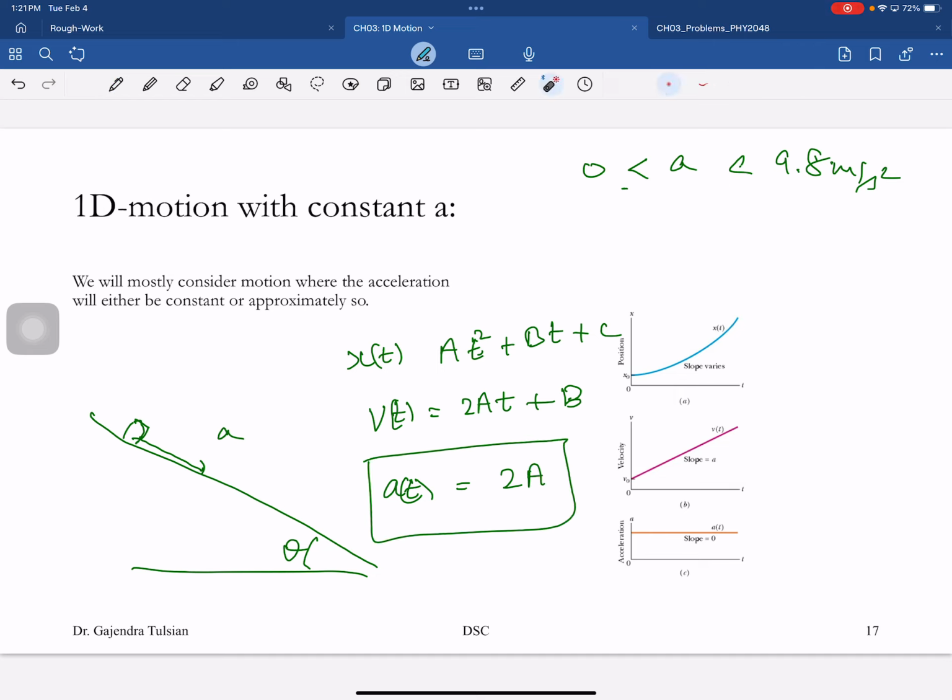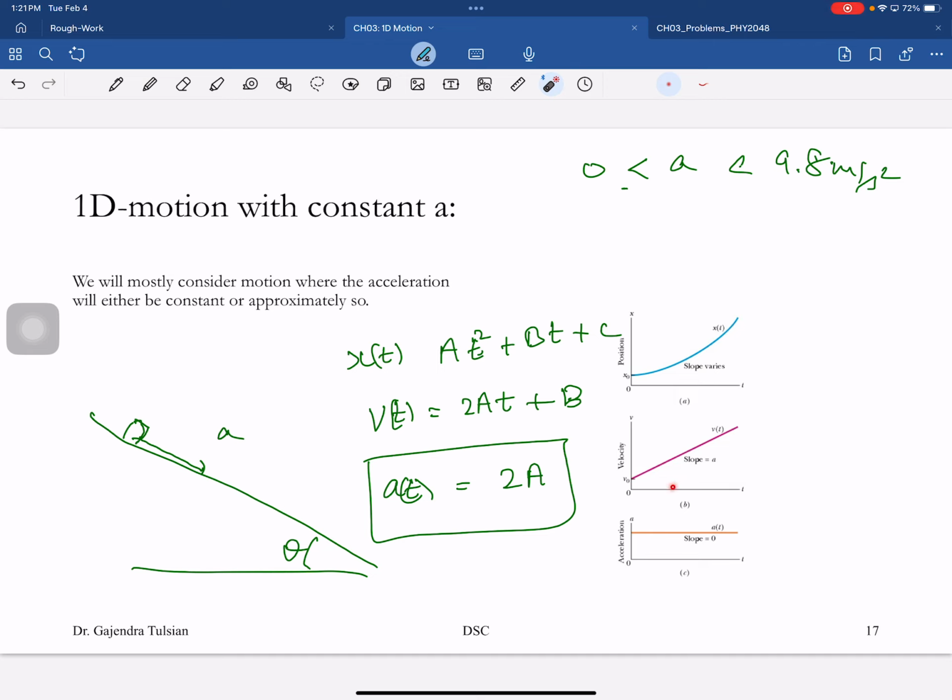So when the position is a quadratic function of time, the acceleration is a constant. The graph of a quadratic function is a parabola. If this is positive, the parabola will open up. If this is negative, the parabola will open down.